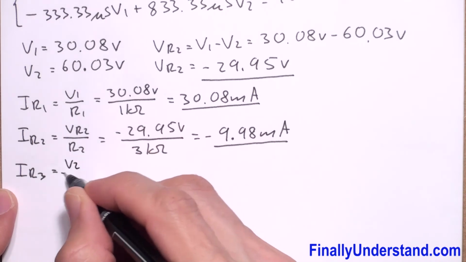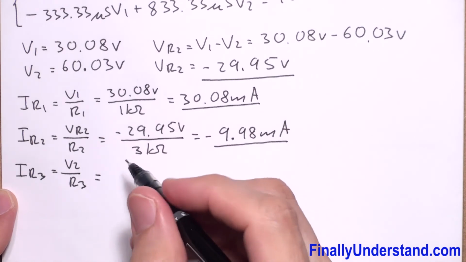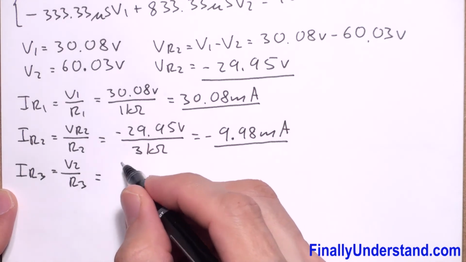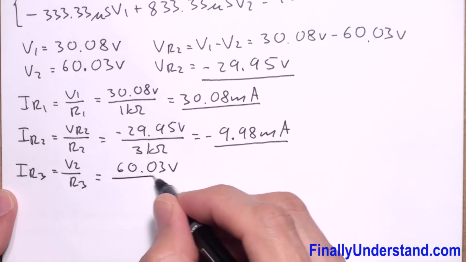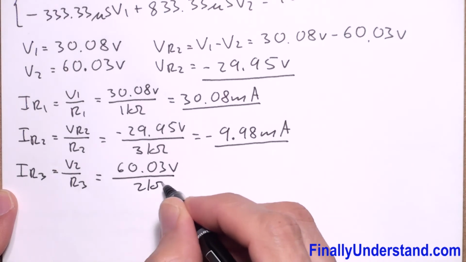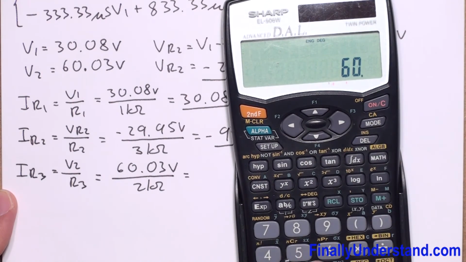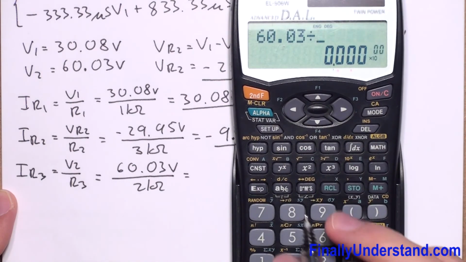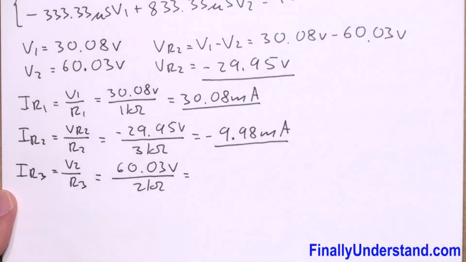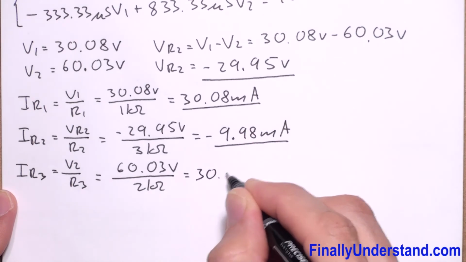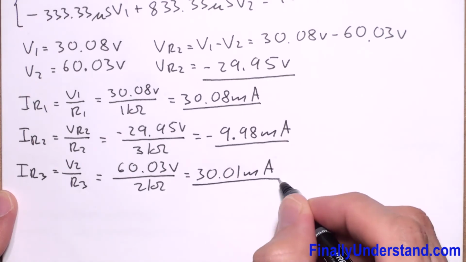So I have V2 over R3 is equal 60.03 volts divided by 2 kiloohms. This is equal 30.01 milliamps. So I find the currents.